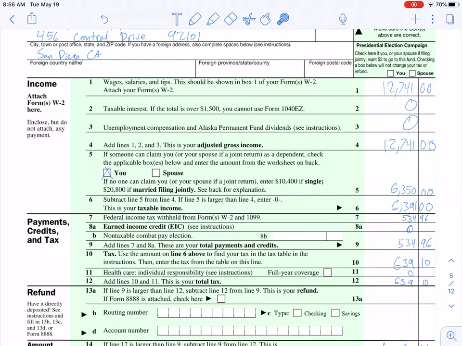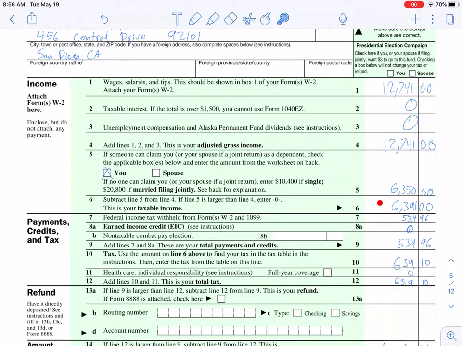Sometimes it's credits, like education is another thing that the government has deemed beneficial. So if you're in school, you're taking out student loans to pay for school, a lot of times your interest on the student loans can be applied as a deduction. There are also some credits for being in school that bring this number down.